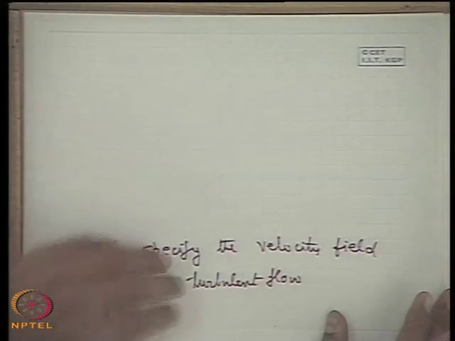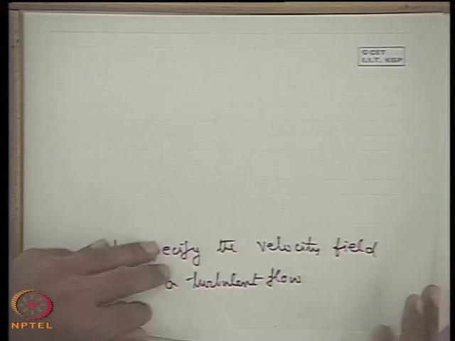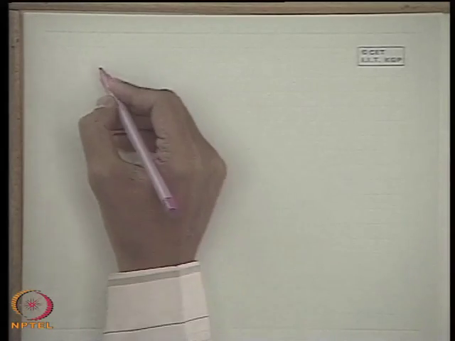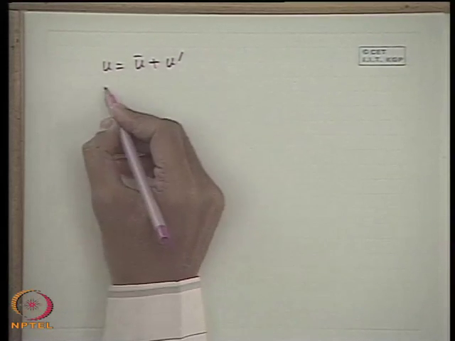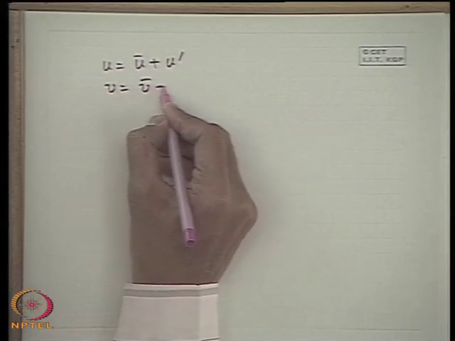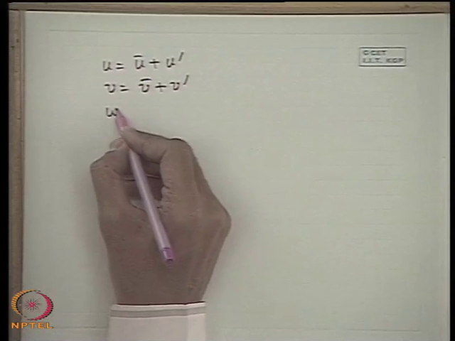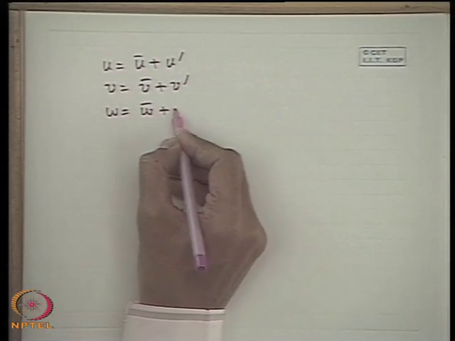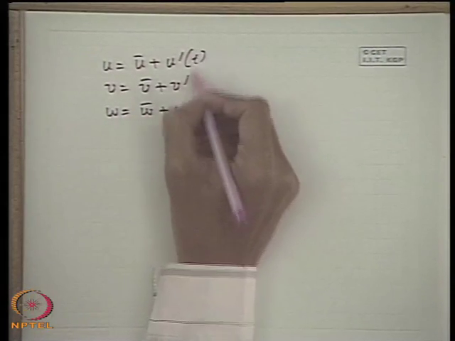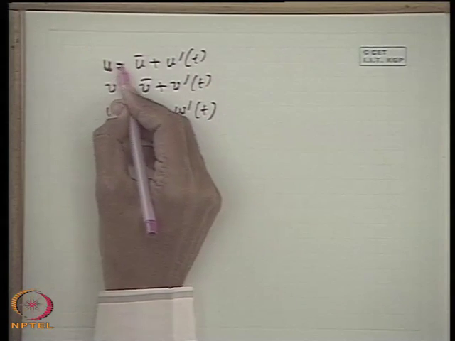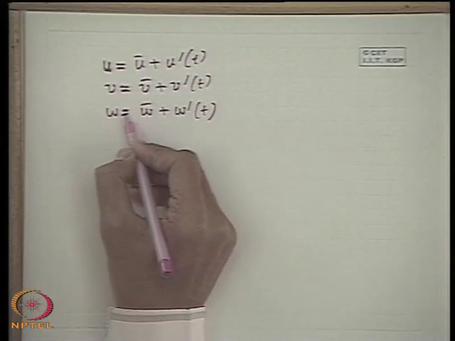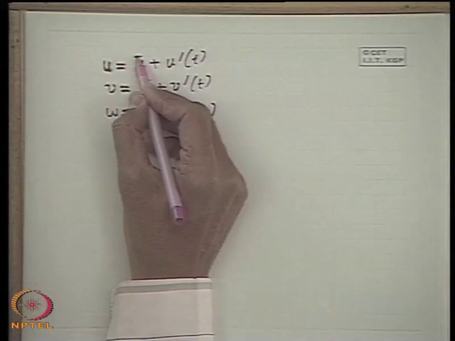So, now if we specify the flow field this way, then we can write that u is equal to u bar plus u dash, v is equal to v bar plus v dash, and w is equal to w bar plus w dash. These are all functions of time. A steady turbulent flow is a flow where the mean quantity is independent of time.